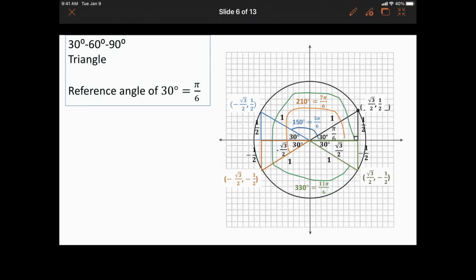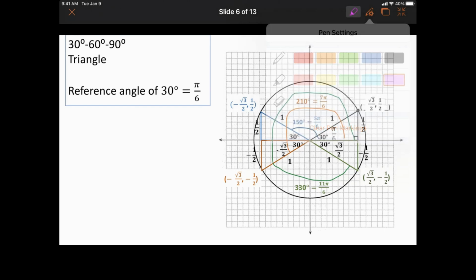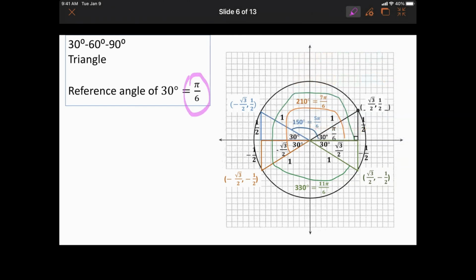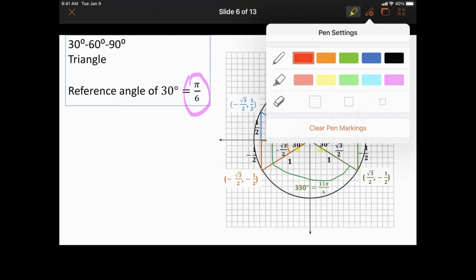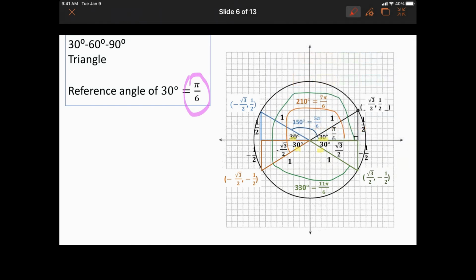Now you can see that 30, if you change it to radians, is pi over 6. That means each reference angle is 30. So this angle here, see 150?